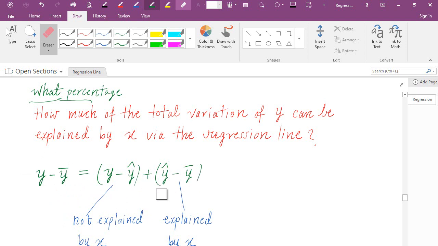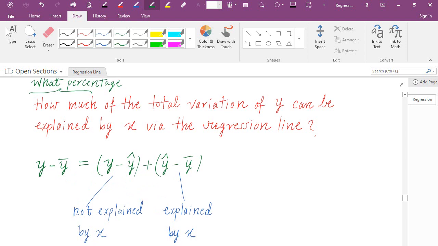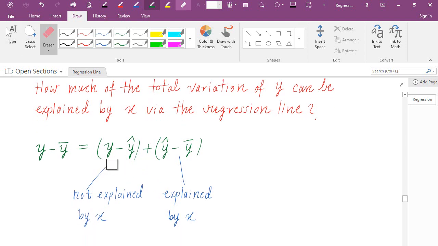Here I am expressing the variation of y from the mean as the sum of two terms, where the first term, y minus y hat, is the variation not explained by x, whereas y hat minus y bar is the amount of variation that is explained by x, because remember that y hat is completely explained by x.